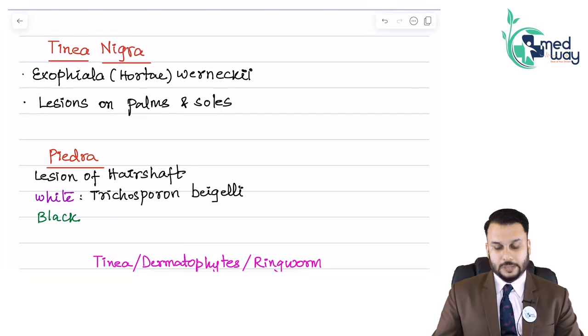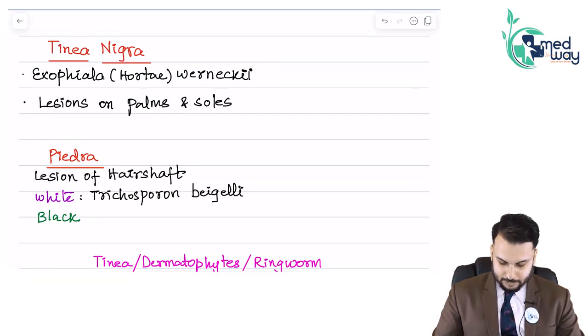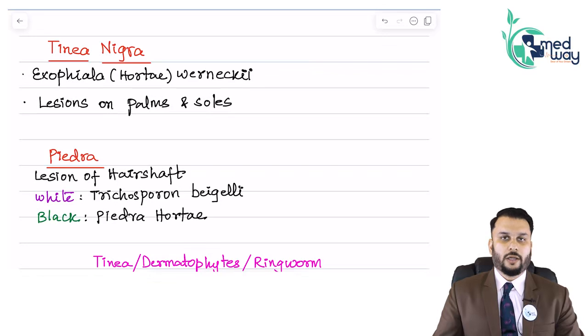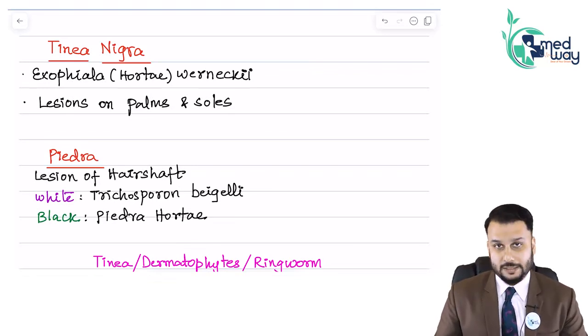Okay. Next, the black one is caused by another fungus called Piedraia hortae. Now in this topic, they're not going to test you much. So all you got to know is where they cause lesions, what they are, and the names of the fungus. Okay, let me give you a way to remember this easily.